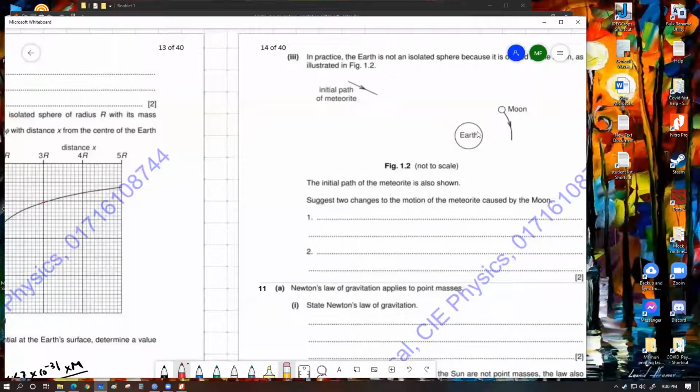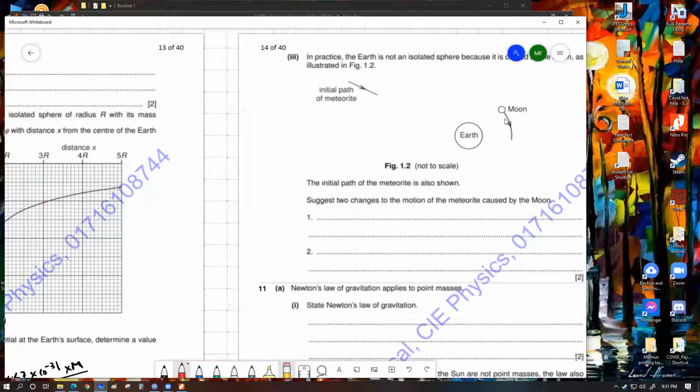Earth is going to make its own pull. So for the second change I'm going to write that the direction of velocity of the meteorite is not going to aim exactly towards the center of the Earth, because the gravitational force of the moon is going to cause some deviation.